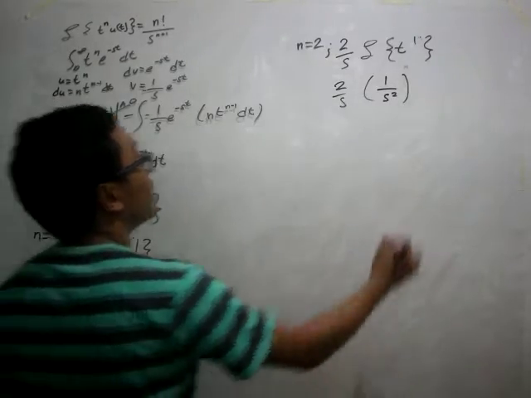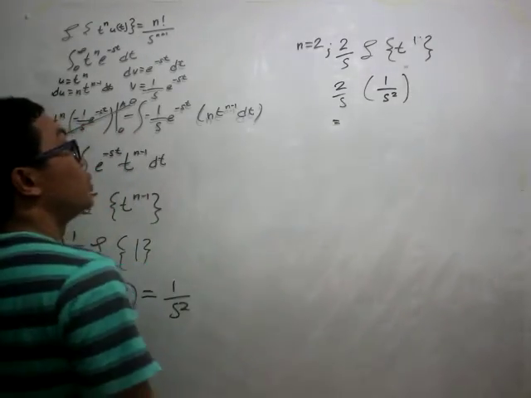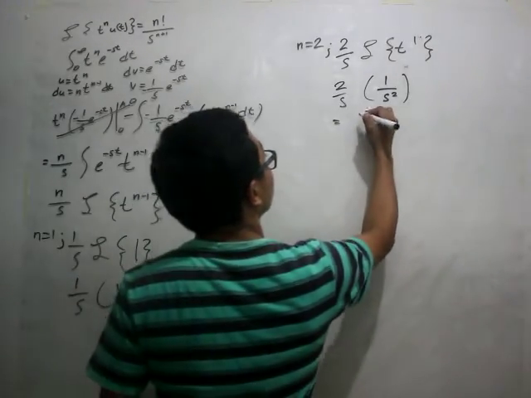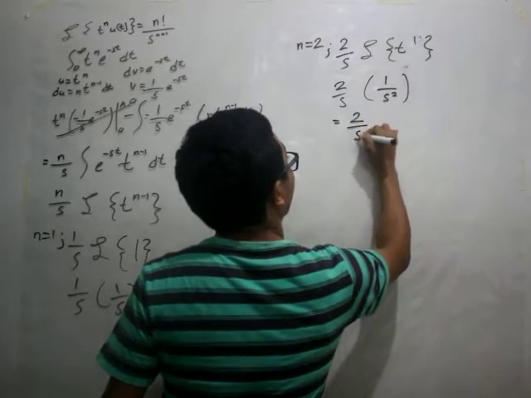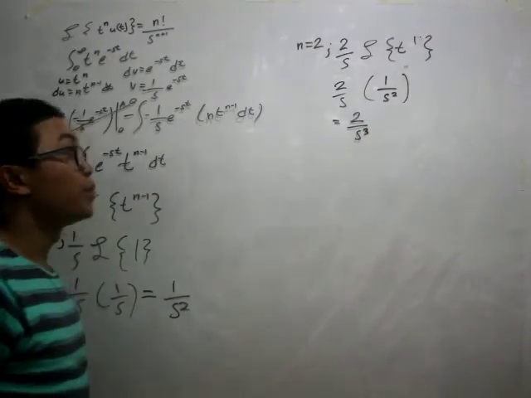So when n is equal to 2, our solution is 2 over s cubed.